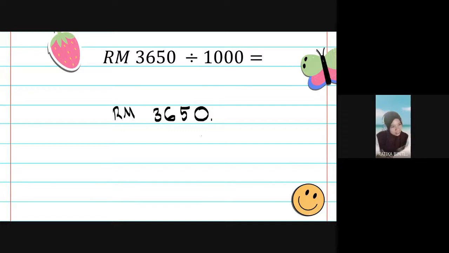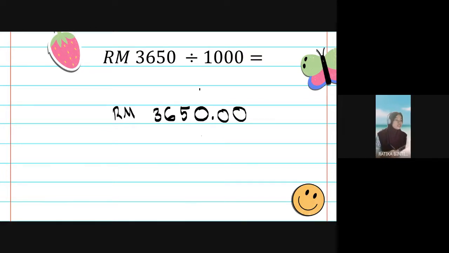Here? Okay, Dayang Rania. Where is the decimal point for 3,650 ringgit? Arisa, you can answer. At the back of zero. Pardon? At the back of zero. Yes, very good. At the back. So, 0.00. Delisha, when teacher asks, you answer.